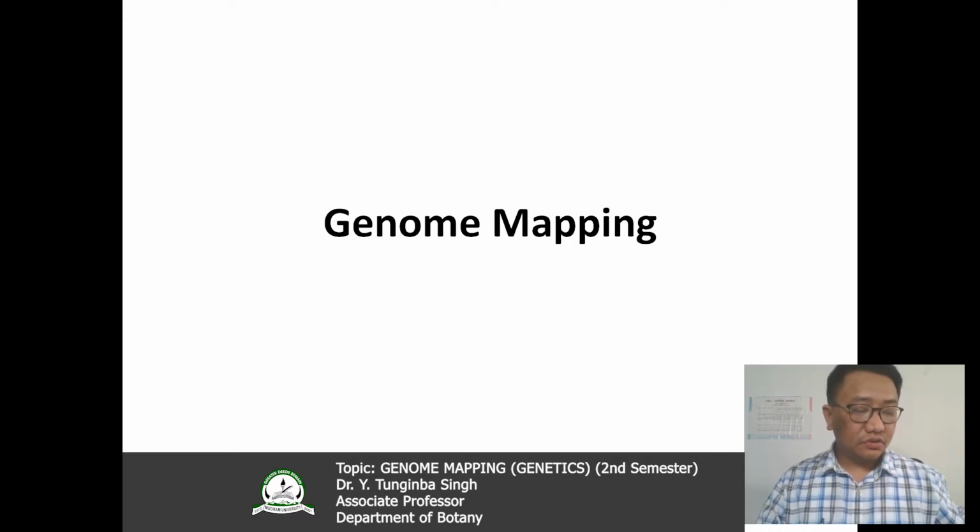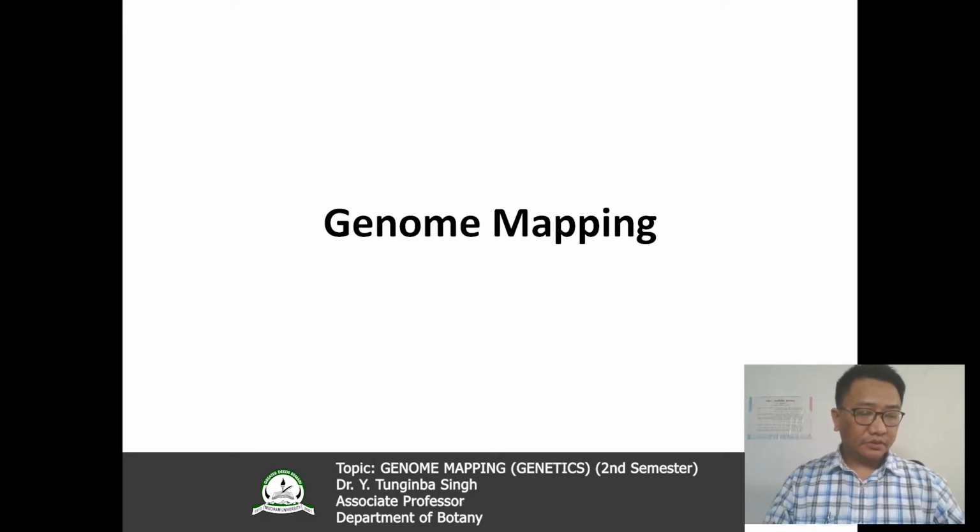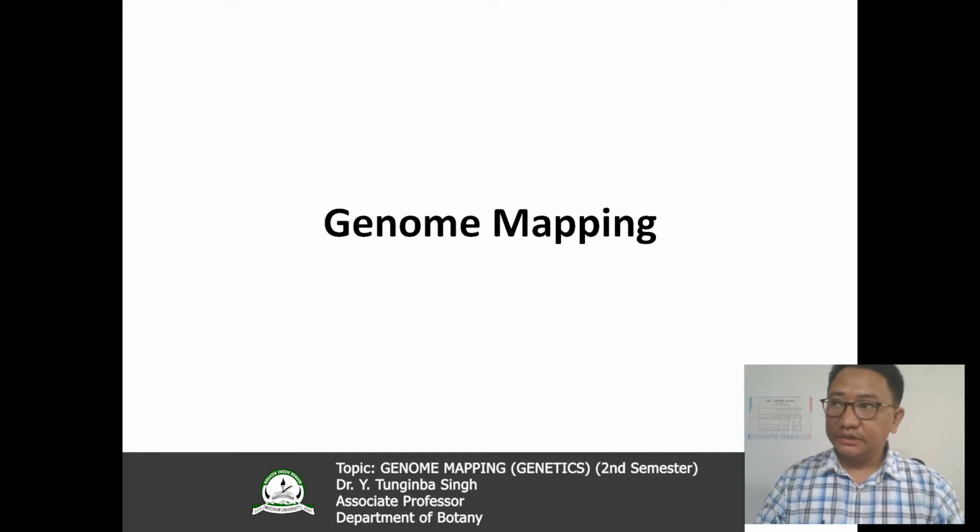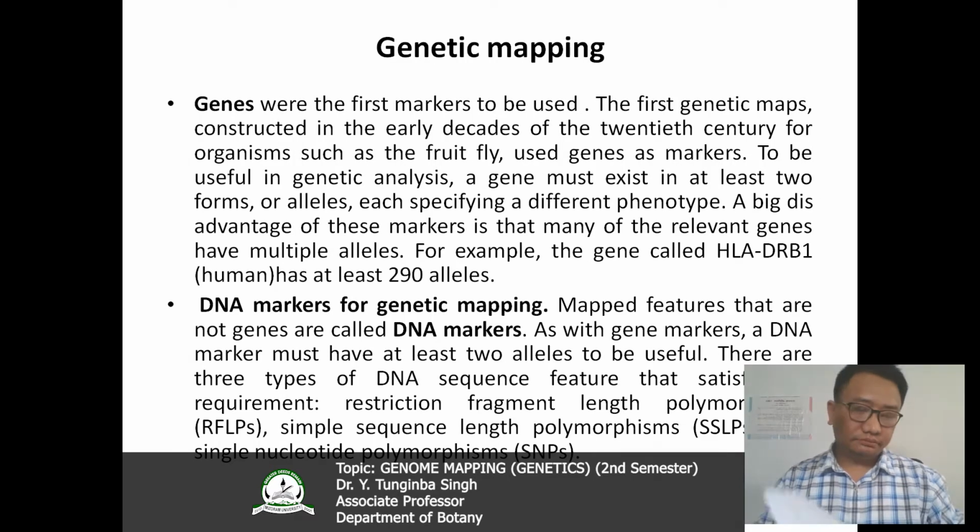Now let's go quickly into what genetic maps are, and the tools that are used to study genetic maps. Genes were the first markers to be used in genetic mapping.